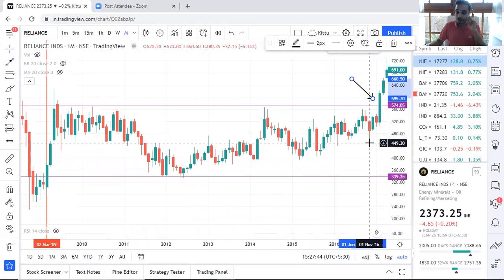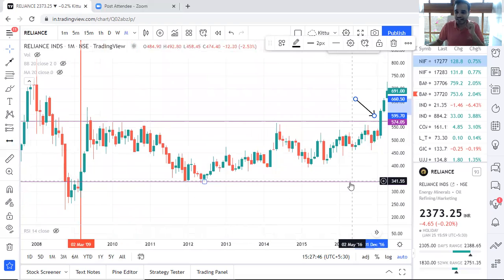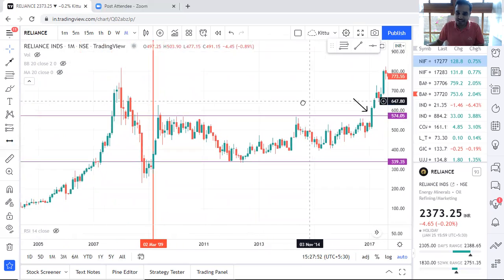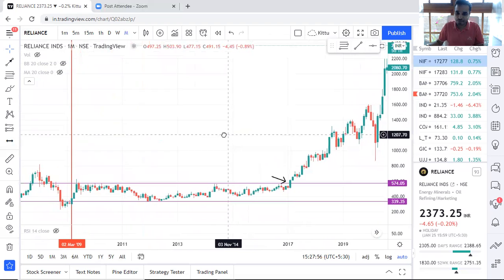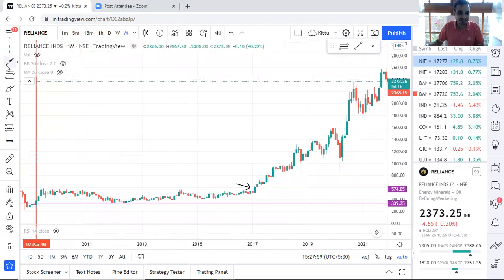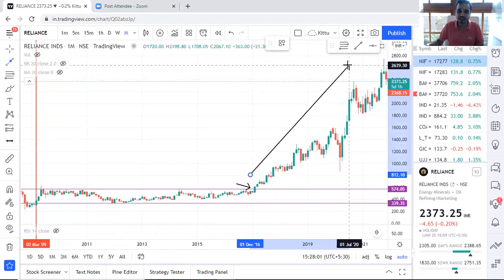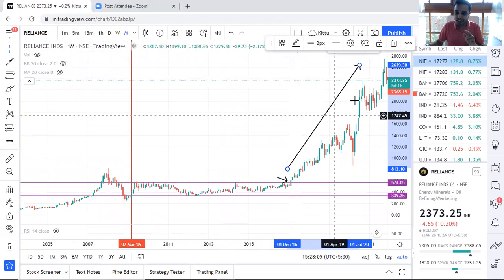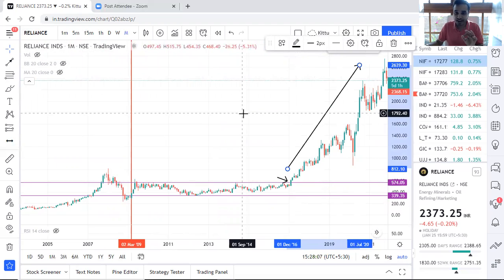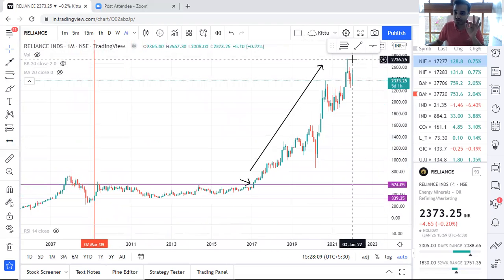See, that's the power of technical analysis. Then at that time we can start investing. Once we started investing at that time, then see the magic of technicals. Did you see the power of technical analysis? Did you see the rally from then? Once it broke out after the 10 years, from 500 levels to around 3000 levels within 3 years.